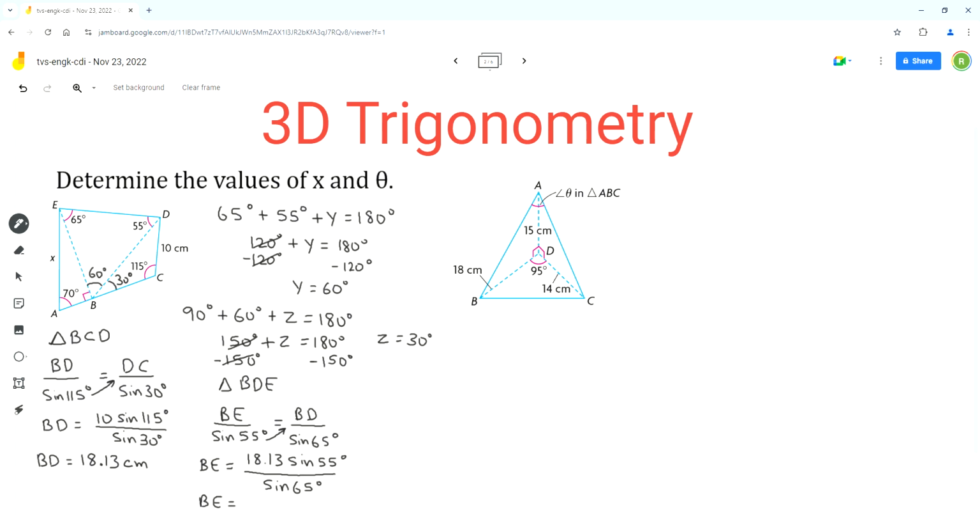Now we can evaluate this expression. I get 16.39 and the unit is centimeters.